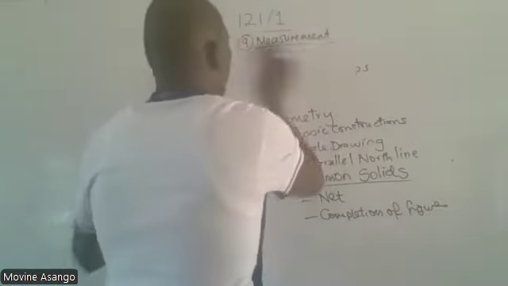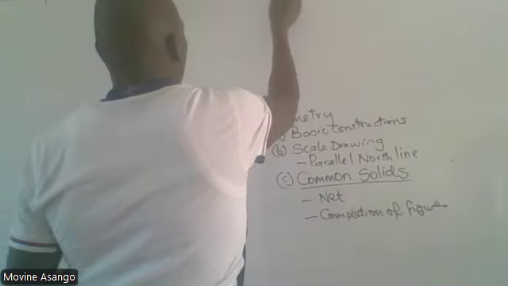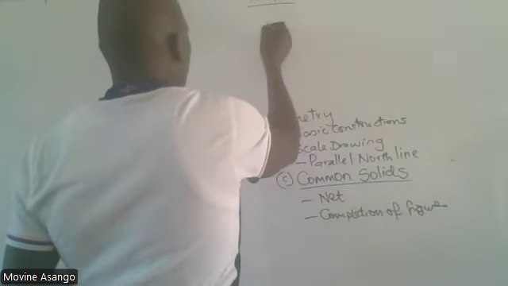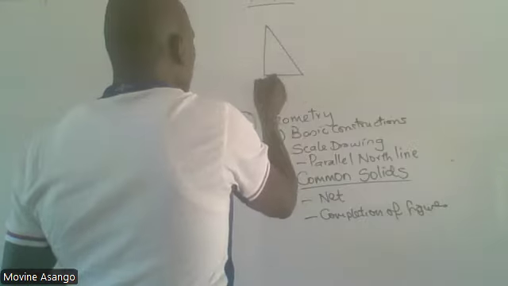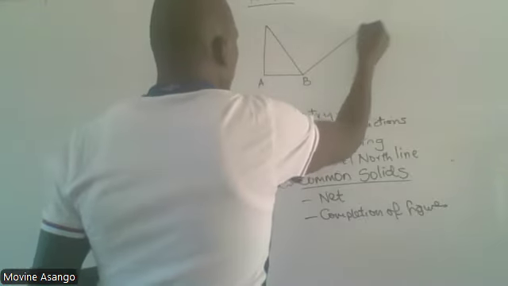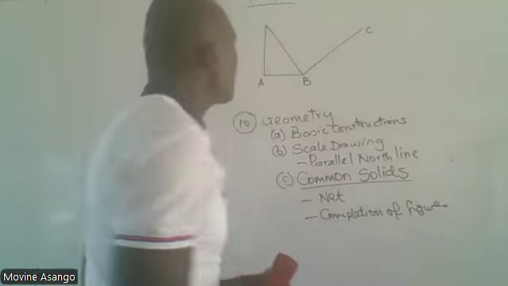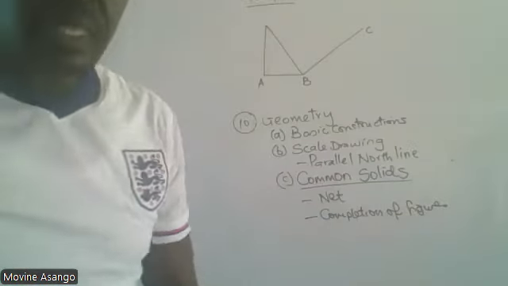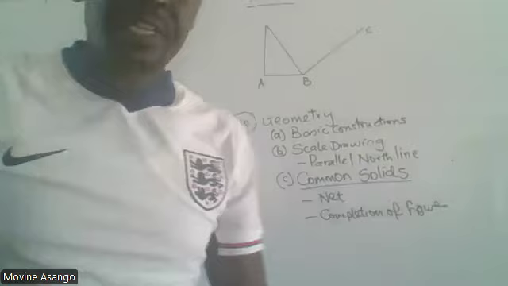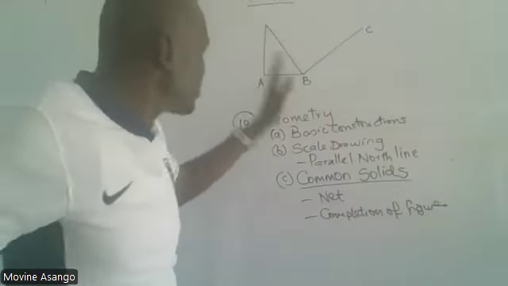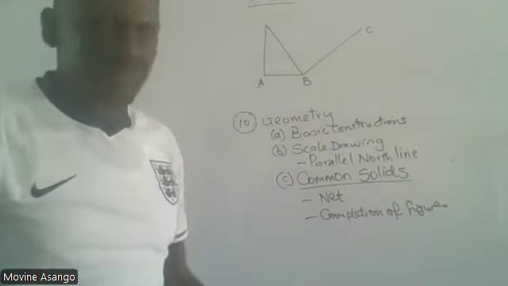Take a case. You are given a figure and you are told A, B, C, D, E, F represents an incomplete figure of a triangular prism.